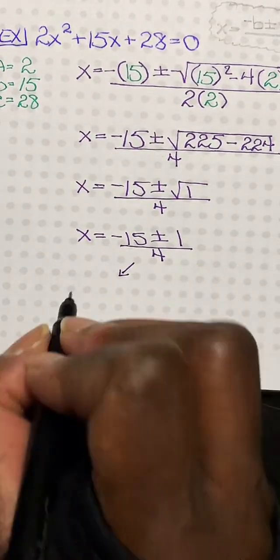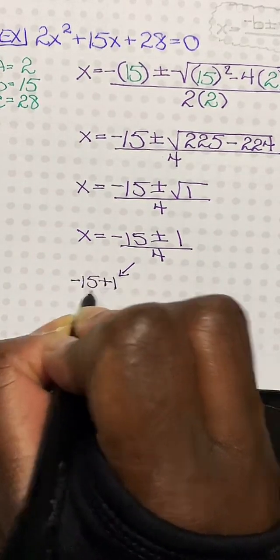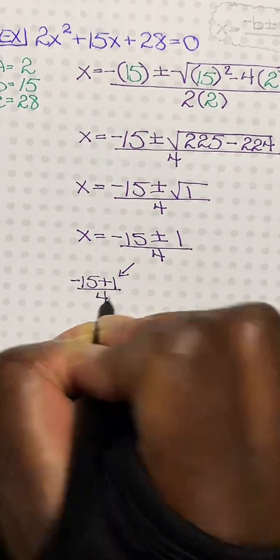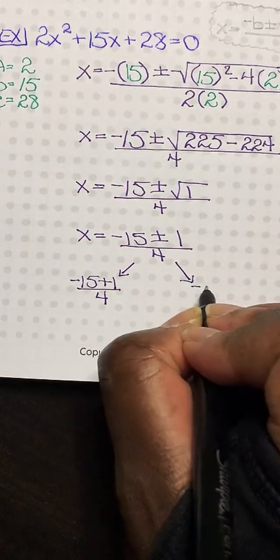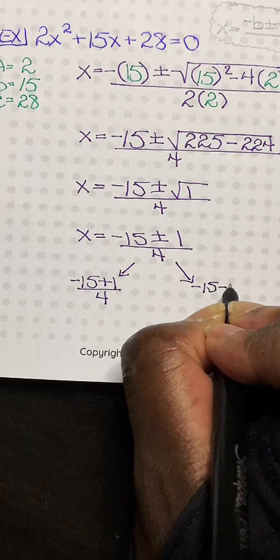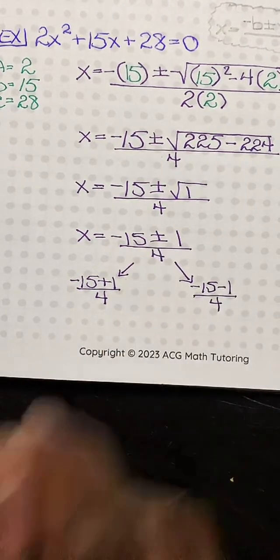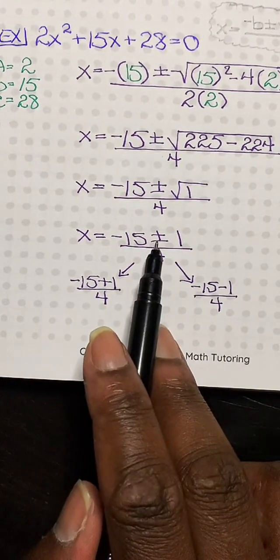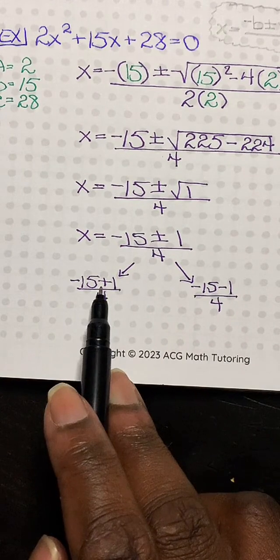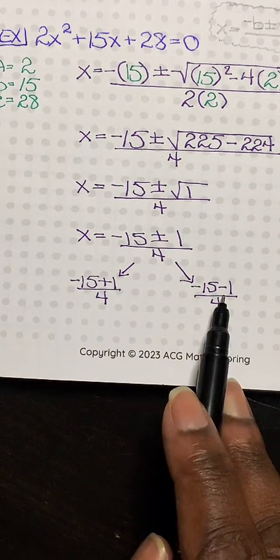One of your answers deals with negative 15 plus 1 divided by 4, and your other answer for x is negative 15 minus 1 over 4. That's exactly what the plus minus is doing. One's going to be adding the two numerators, and the other one's going to be subtracting.